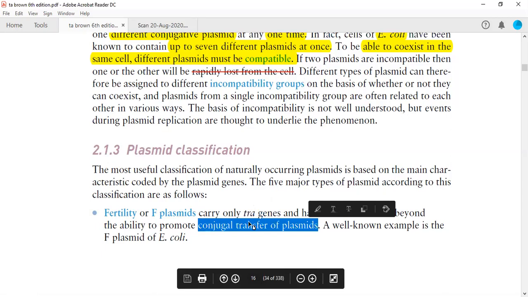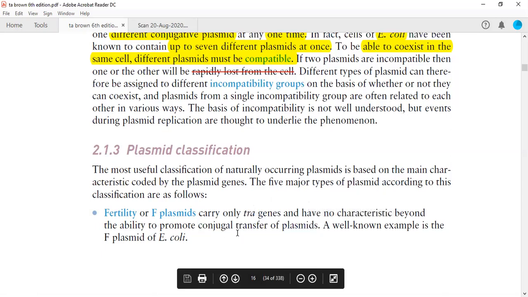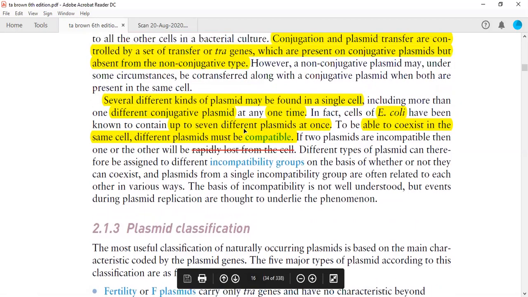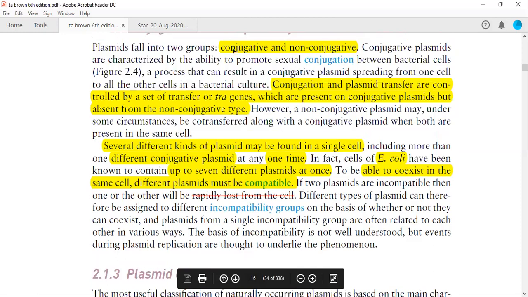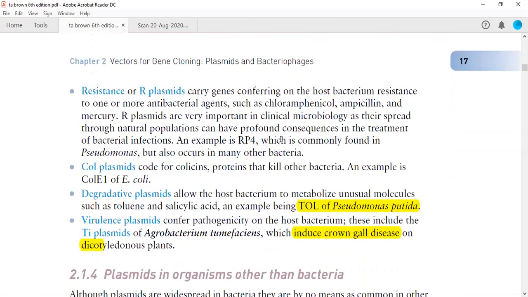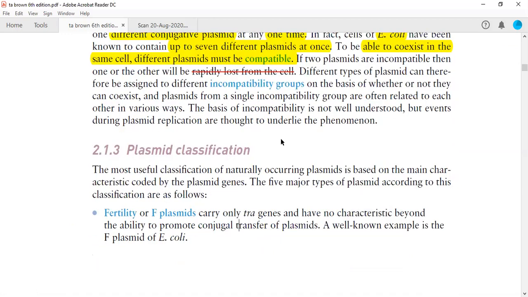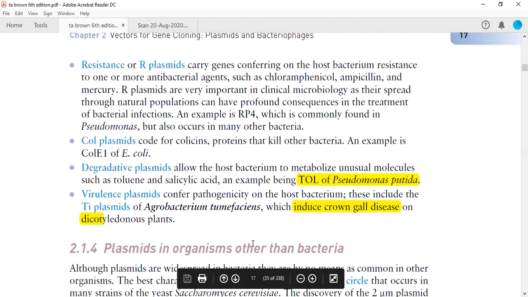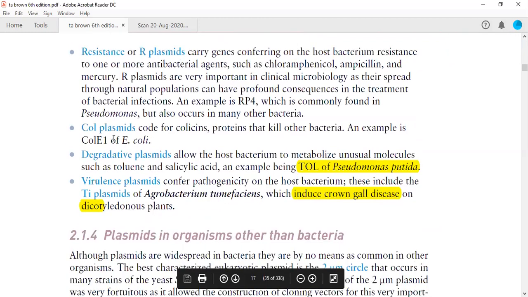Therefore, the bacteria which have these F plasmids, or fertility plasmids, come under the conjugative category, whereas those bacteria which do not have the F plasmid are said to be non-conjugative. E. coli actually has this F plasmid, no problem at all.